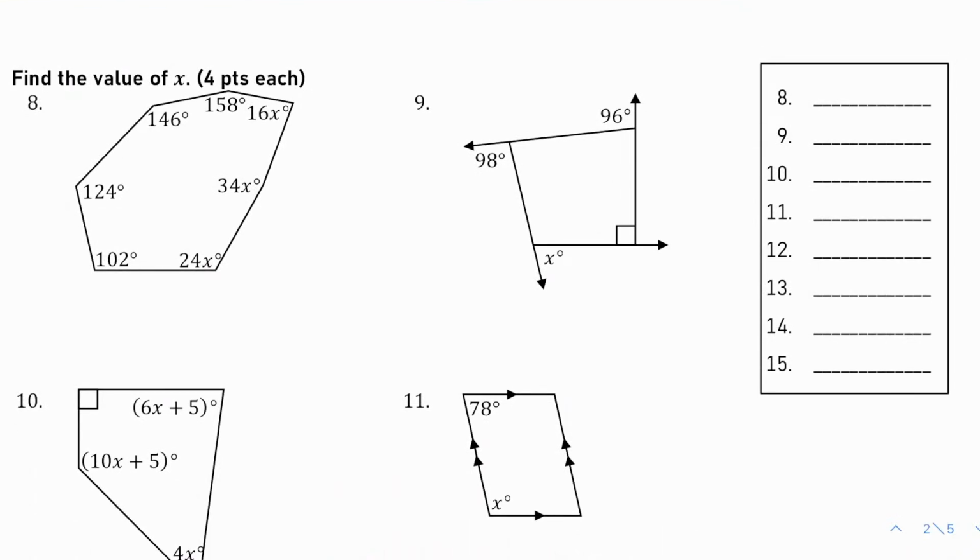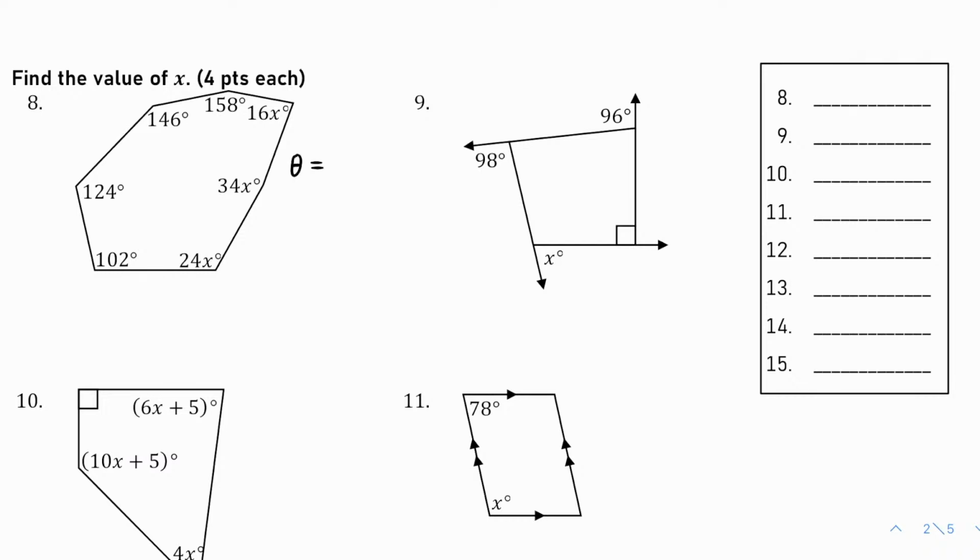All right, now we've got to find the value of x on the next 16 problems. On number 8, what I would do is just count how many angles we've got. We've got 7. And let's see what the 7 angles should add up to. We're going to use our interior angle sum formula.